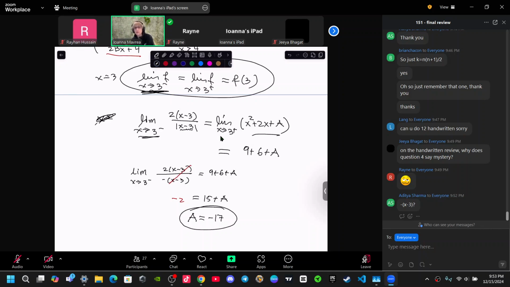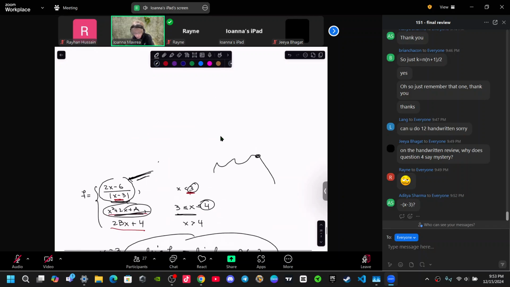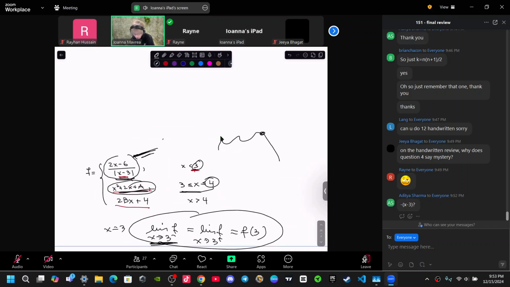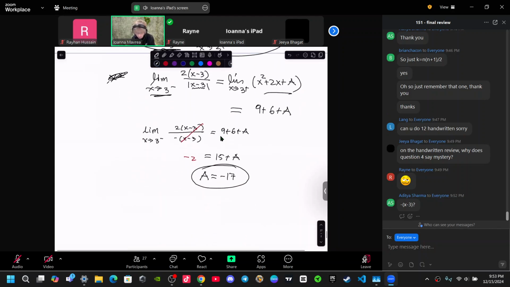We'll do the same thing for the other place where the definition of the function changes. So the definition of the function also changes at 4. Before 4 is this, after 4 is this. So I already know the a, so I'm going to plug it in, right? So the limit of f as x goes to 4 from the left is equal to the limit of f as x goes to 4 from the right.